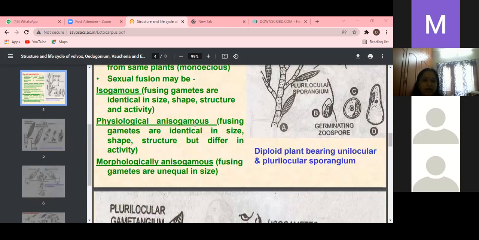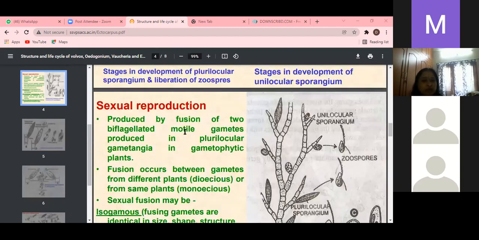The first is isogamous, the second is anisogamous. Here it is produced by fusion of 2 biflagellate motile gametes.